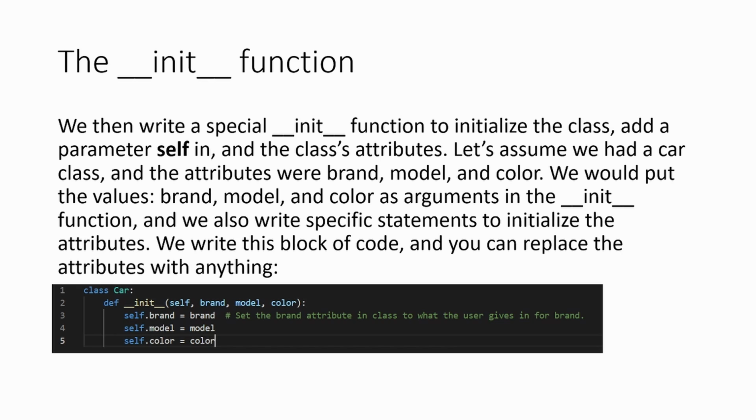Let's assume we had a car class, and the attributes for it were brand, model, and color. We'd put in the values brand, model, and color as arguments for the init function. And we also write specific statements to initialize those attributes and make sure that the user can actually access them when they want to see, hey, what is the brand of my car?